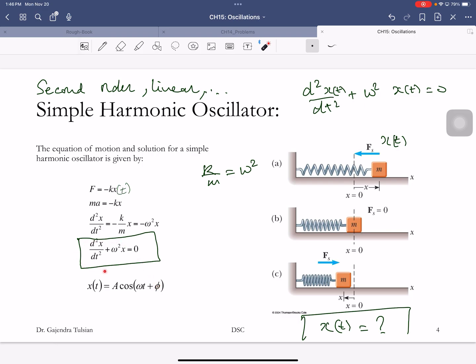Phi is not there in the equation. If you have an nth order differential equation, the solution will have n constants that have to be determined by initial conditions. So if this was a third order differential equation, your solution would have 3 constants.